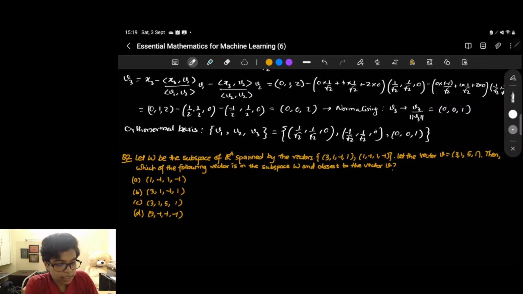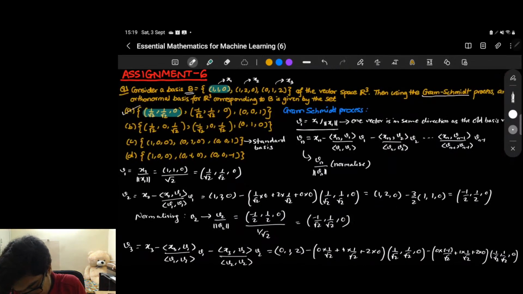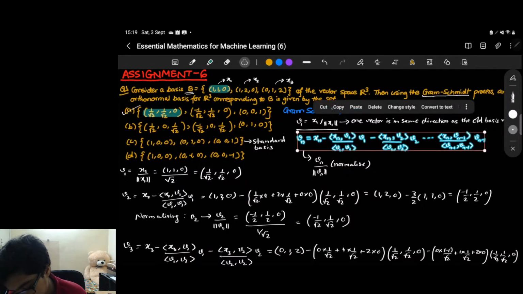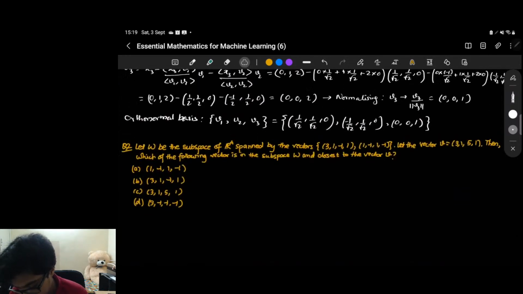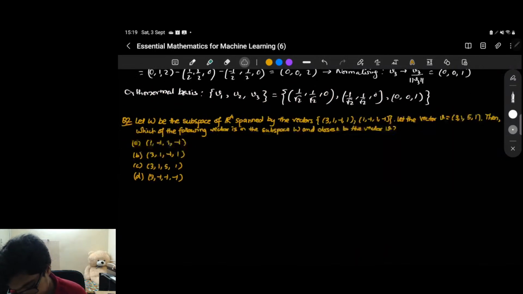Now this is closely related to the Gram-Schmidt process that I wrote down. So let me copy this from here. We will use this algorithm of the Gram-Schmidt process for finding the solution to this question.